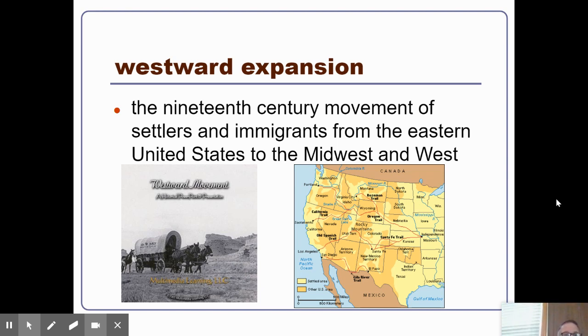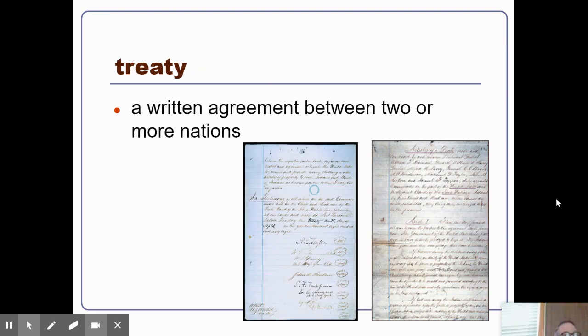So that's westward expansion. And the government wanted settlers to continue to move west, but what the government needed to do first was make sure that the land that was occupied by indigenous people, like the Dakota and the Ojibwe, they legally obtain that land through something called a treaty. So a treaty is simply a written agreement between two or more nations.